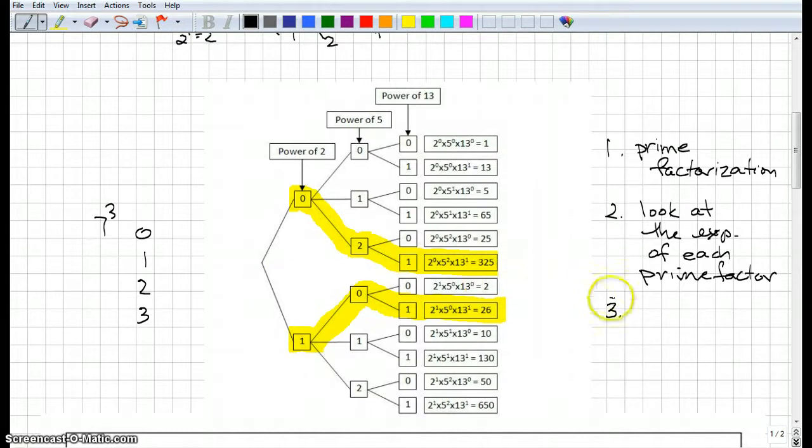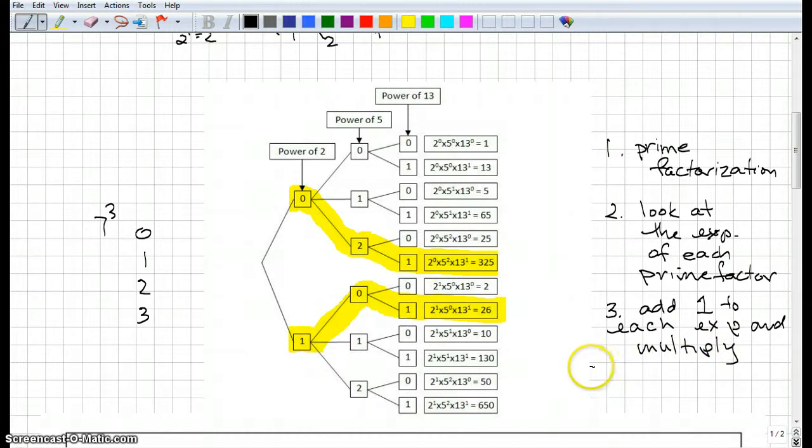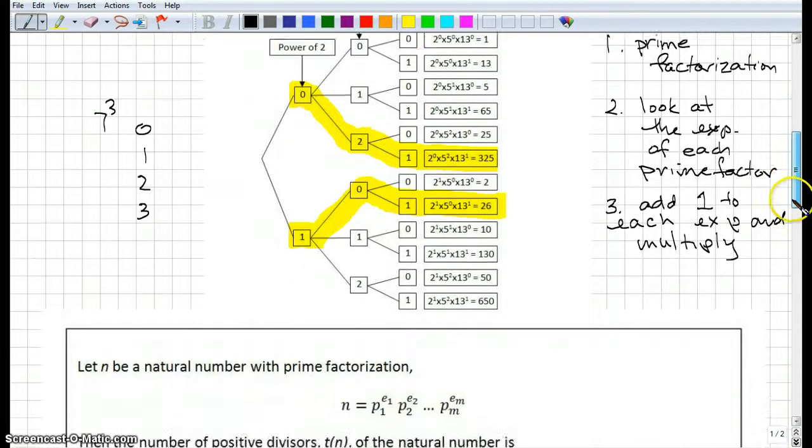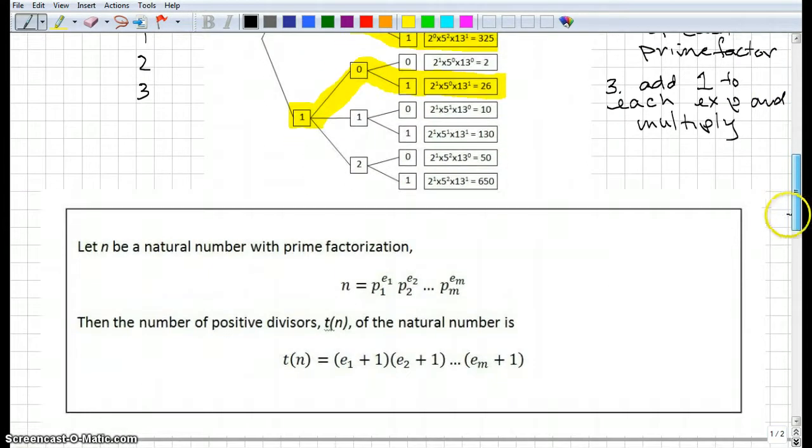So we need to add 1 to each exponent and multiply. And that will give us the number of divisors that number has. So here is the rule written in mathematical notation.